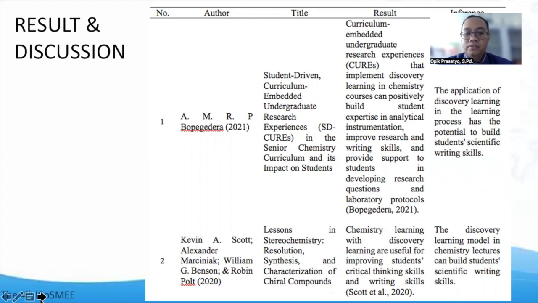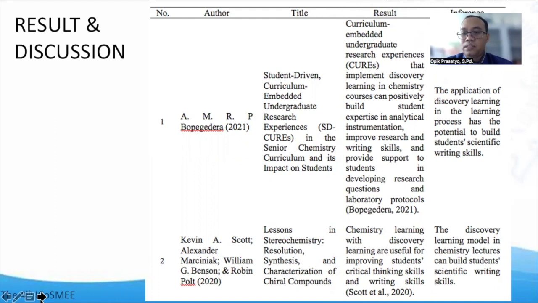For example, the first article with the title Student-Driven Curriculum Embedded Undergraduate Research Experience in the Senior Chemistry Curriculum and its Impact on Students. The result of the analysis of this article is that the curriculum embedded undergraduate research experience that implements discovery learning in the chemistry course can positively build student expertise in analytical instrumentation, improve research and writing skills, and provide support to students in developing research questions and laboratory protocols.